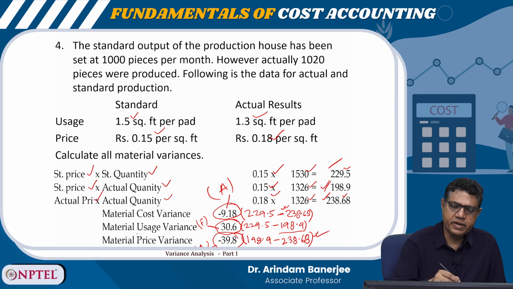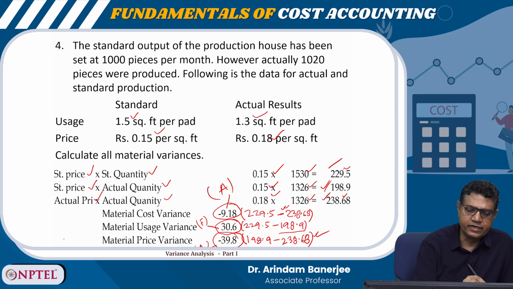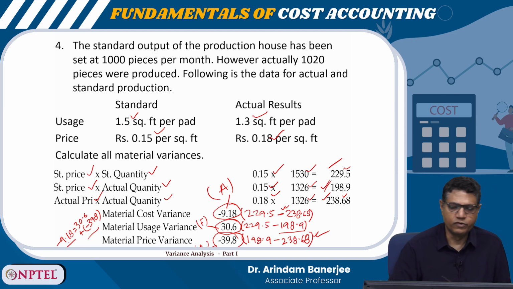If I add the material usage variance and material price variance, it should be equal to the material cost variance. So on the left hand side, I write minus 9.18, and it should be equal to 30.6 plus minus 39.8, right? So you see the left hand side and the right hand side are matching. So it is working.